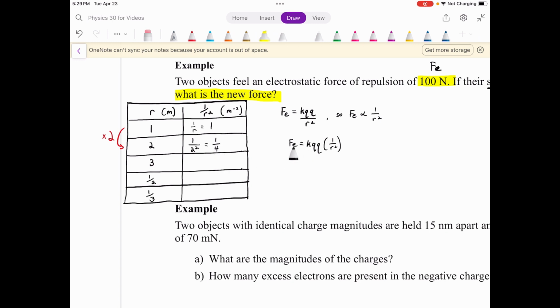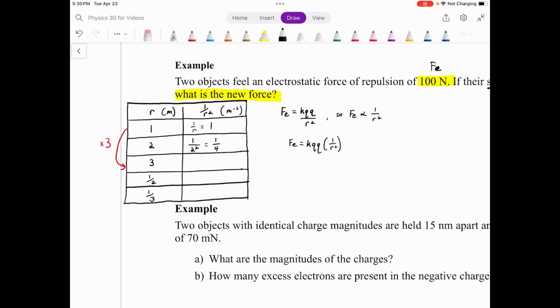So what happened to our electrostatic force when we doubled the distance between the two charged objects? It didn't get half as big, it got 1/4 as large, or 4 times smaller. Making r 2 times bigger made the electrostatic force 4 times smaller, or 2 squared. Let's keep going. What if we now think about making them 3 times further apart than they started? So going from 1 meter apart to now 3 meters apart.